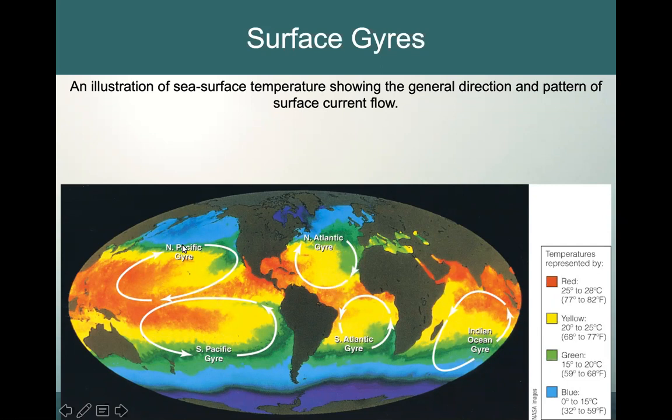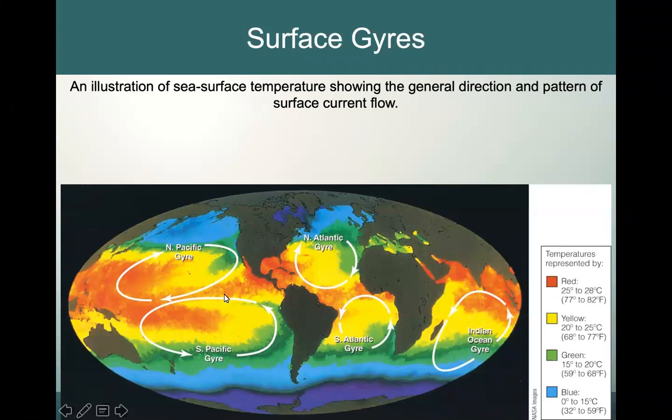Again, if we look over at the North Pacific Gyre, we see a similar pattern with those warm red waters being transported northward in the Kuroshio, and the cold waters being transported back down towards the equator in the California Current. The South Atlantic Gyre also has a similar pattern with the Brazil Current bringing warm waters down from the equator, and the Benguela Current bringing the cooler waters back up from the poles.